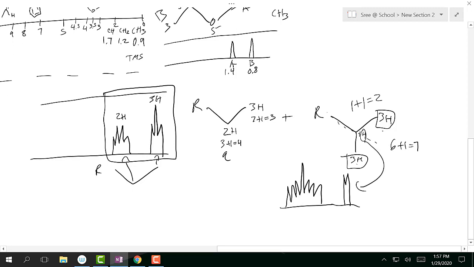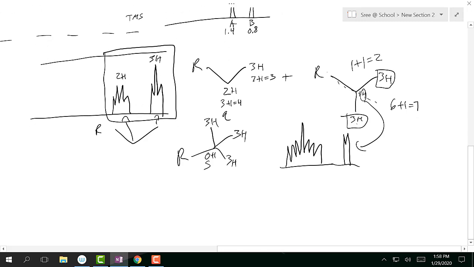So all 3 of these are the exact same thing. And then there's no neighboring, so that's 0 + 1, so that's going to be a singlet. Singlet, and then that's 9 + 1, that's 10. So it's going to look like this. You're going to have a single peak, and this is going to say 9H, and you won't have a 10 here because there's no hydrogen there.